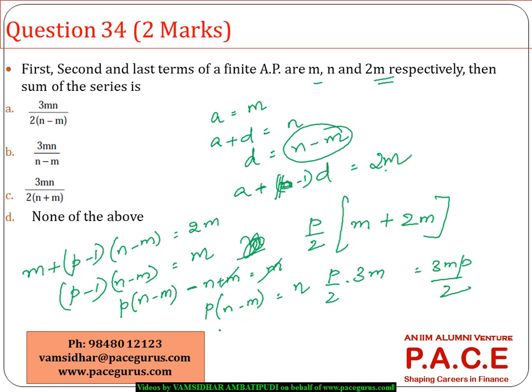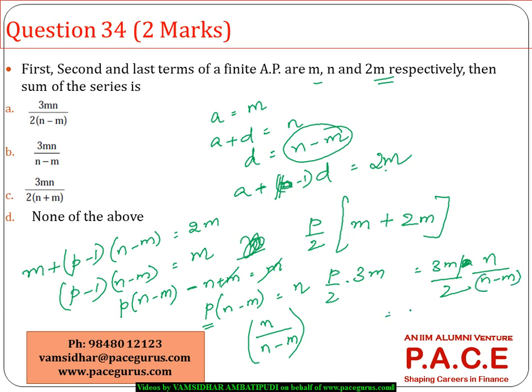So if I want to find out the value of p, it is nothing but n by n minus m, which is easily telling me that there are n by n minus m terms in this entire data. So instead of p, I can substitute n by n minus m.